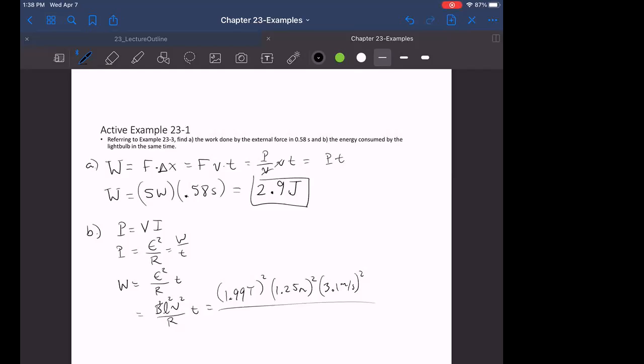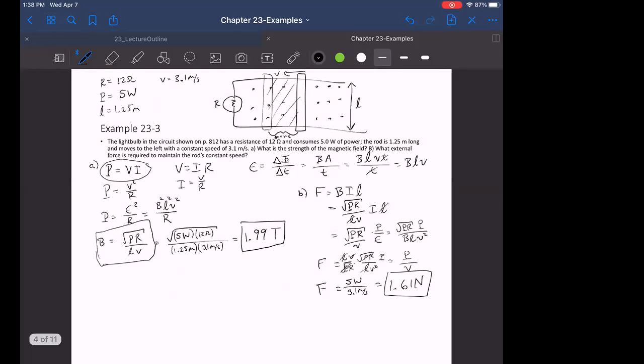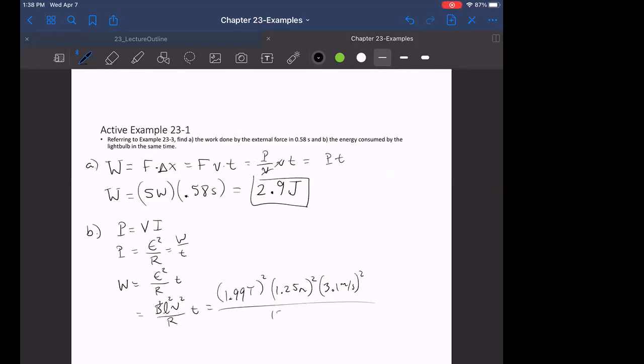And then R was 12 ohms, and time is 0.58 seconds. So what do we have there? 4 times 9, it's like 36 divided by 12, 3. And then 3 times about 1.5. So about 4.5. 2 or 3-ish, is that right?